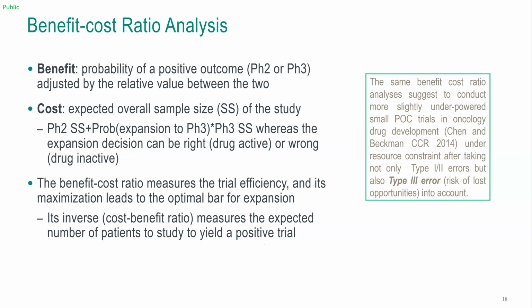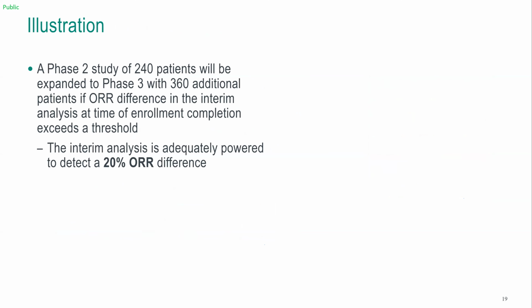But given that you don't have infinite resources, yet you have a lot of opportunities at hand, whereas there's great uncertainty about which ones are really working, it's actually better to conduct small POC trials that are slightly underpowered. Just a side note. So let's illustrate the benefit risk analysis with a real example.